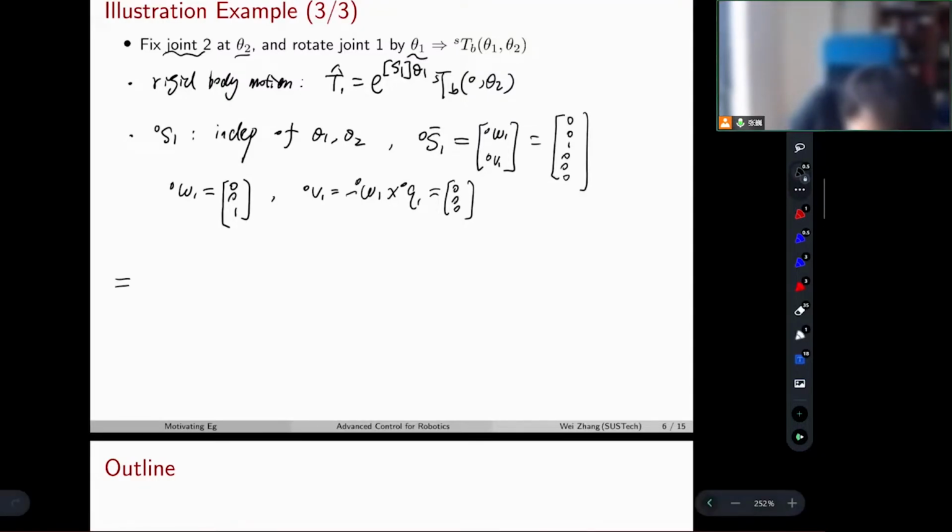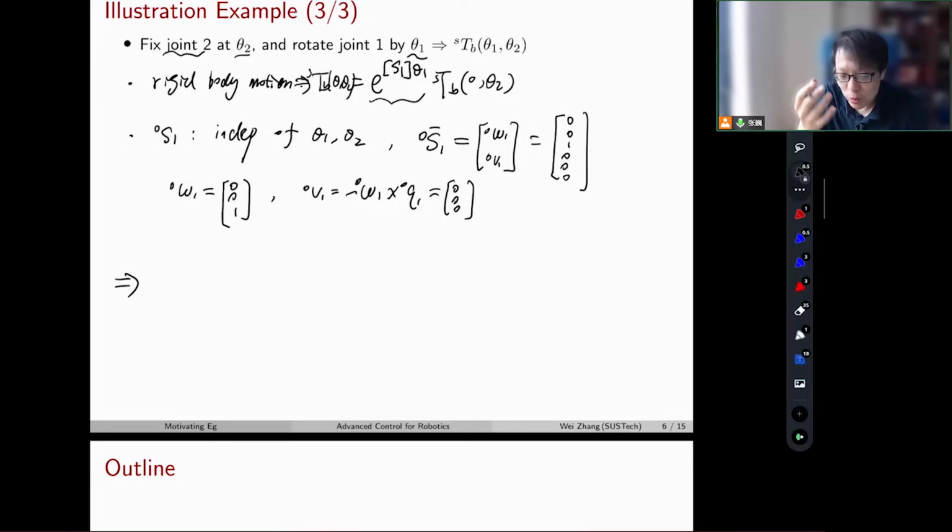I think this is correct, right? So this rigid body motion leads us to T_B equals S of theta 1 and theta 2, the screw motion operator applied to the pose of the B frame before the operation.